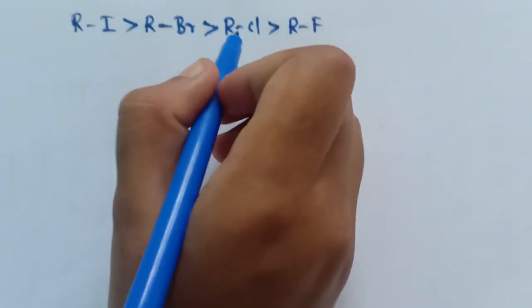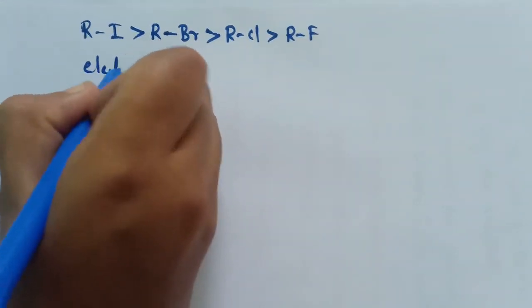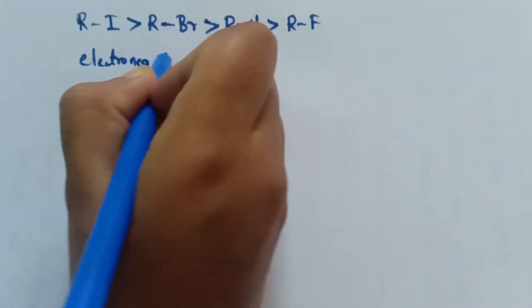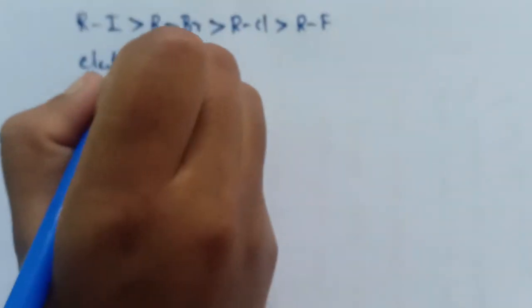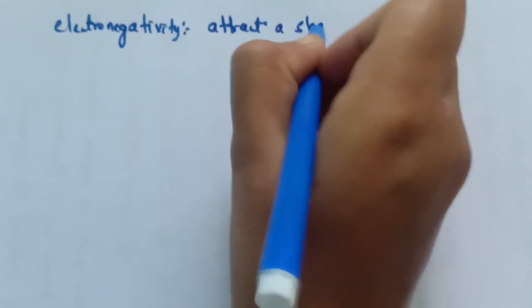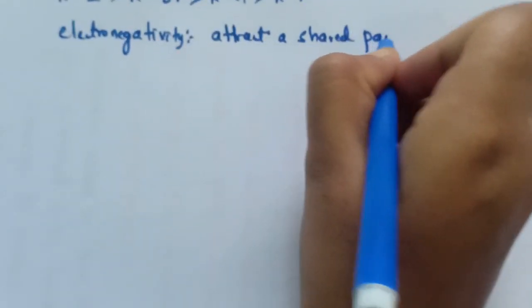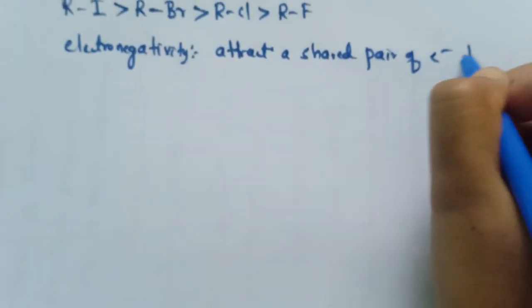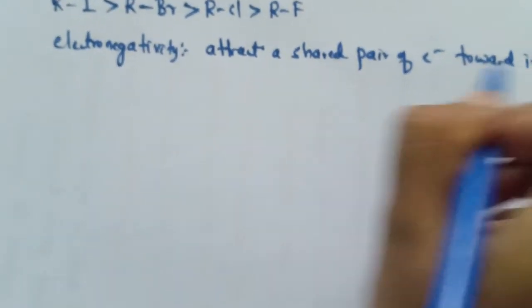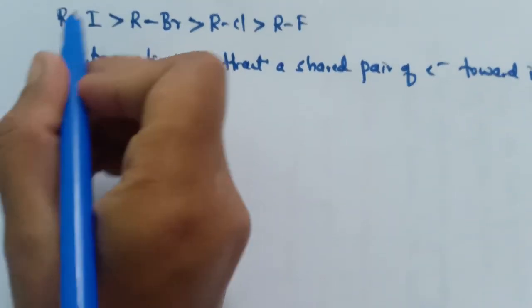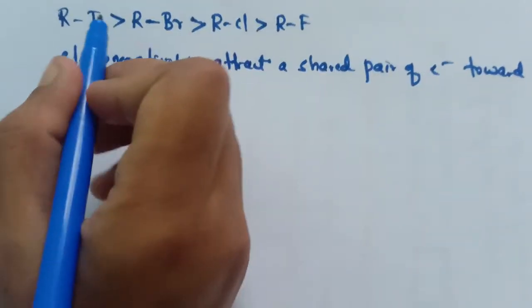This is because of electronegativity. What is electronegativity? It is the tendency of the atom to attract a shared pair of electrons towards itself. Here, due to the large size of iodine, it will be released at faster rates in the presence of an incoming nucleophile.